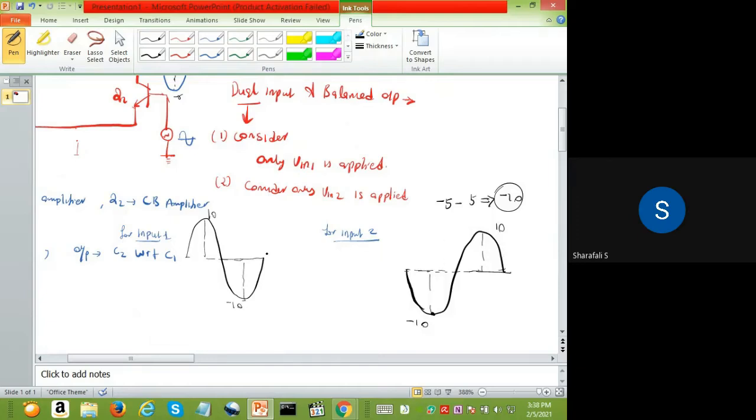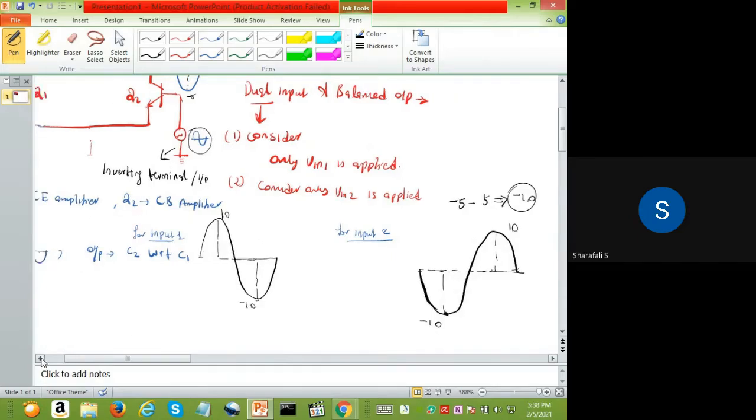So we are giving the input like this here, but the total output we are getting is out of phase to the input signal. So I can call this terminal the inverting terminal, or inverting input, because when I apply input here, my total potential is out of phase, which comes inverted.